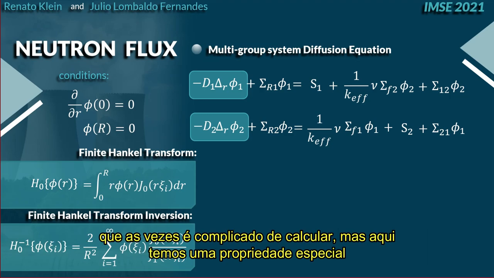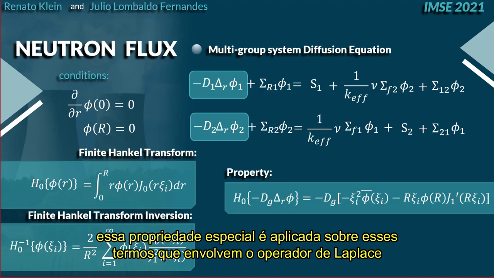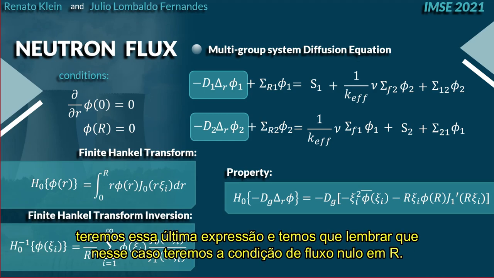But here we have a special property. This special property is about these terms that involve Laplace operators. And if we apply the Hankel transform of order 0 in the Laplace operator with the constants, with this coefficient of diffusion, we have this expression, the last expression.